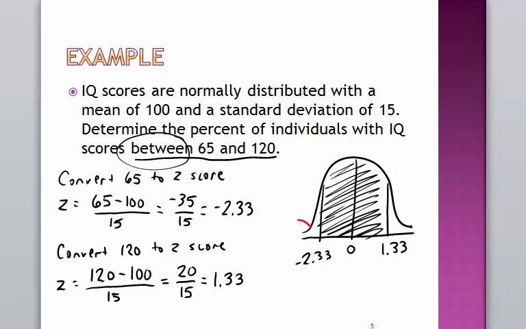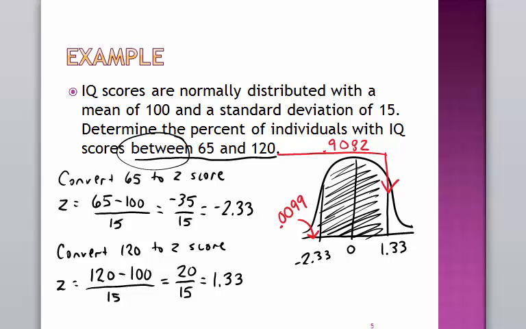So this area right here, from negative 2.33 back to the left, we found to be 0.0099. When we looked up the 1.33, and again, that's going to give me the area from the 1.33 all the way back to the left. We found that to be 0.9082.